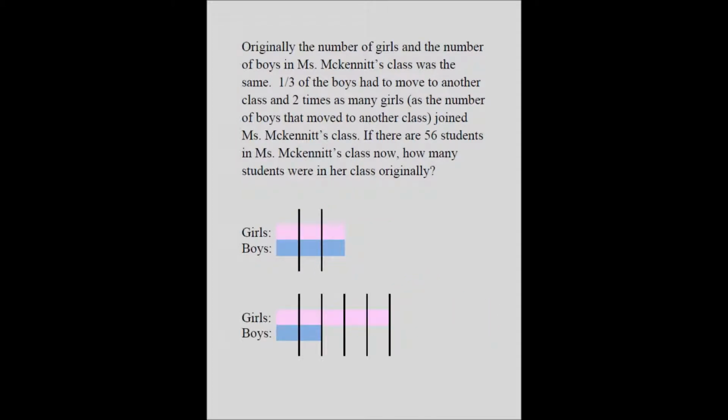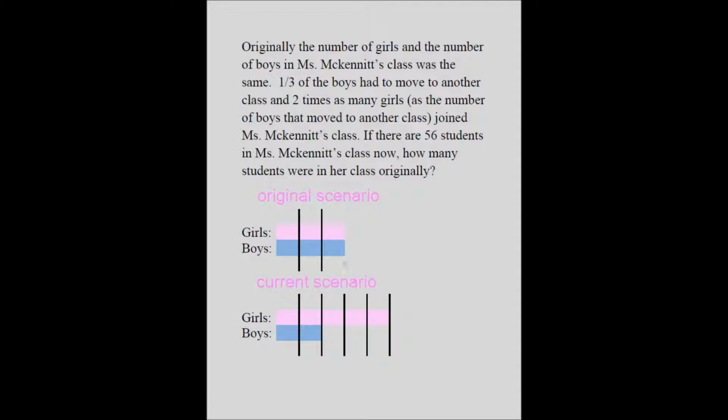So what I have here is an explanation of the problem scenario, which we actually have already done once. This is my original scenario. Original. This is the latest scenario, or the current scenario.